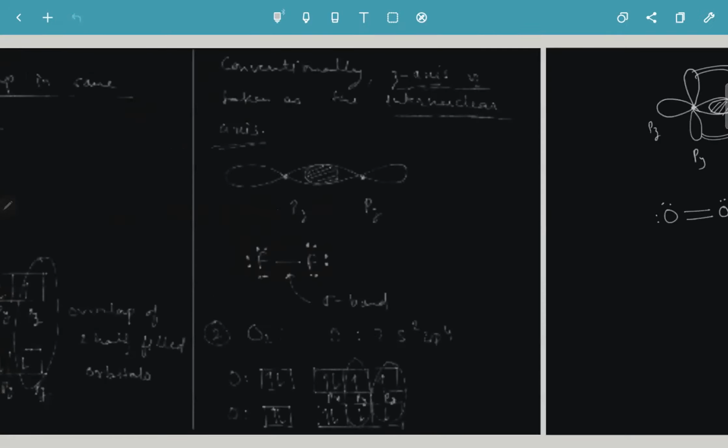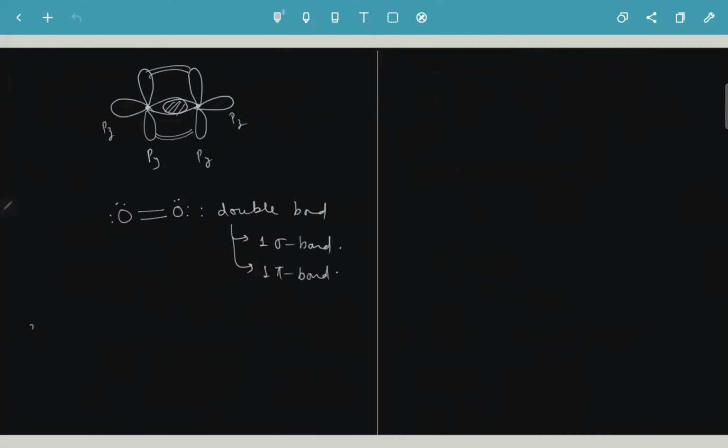Similarly, let us consider the N2 molecule. Nitrogen is 2s2 2p3, देखेंगे. तो nitrogen has three half-filled orbitals.